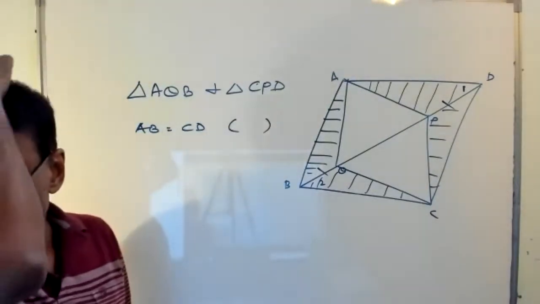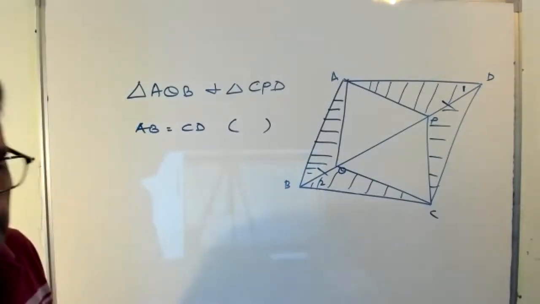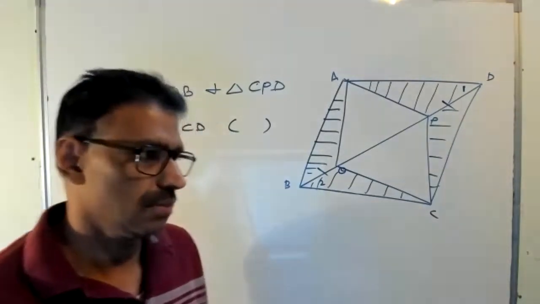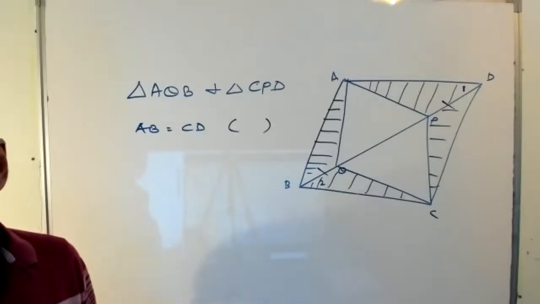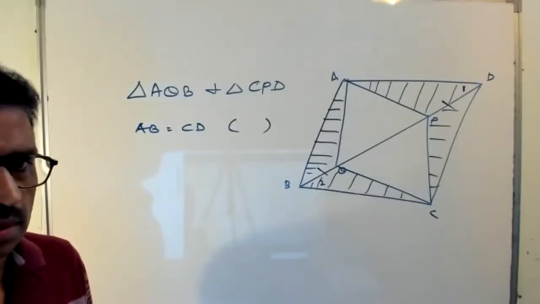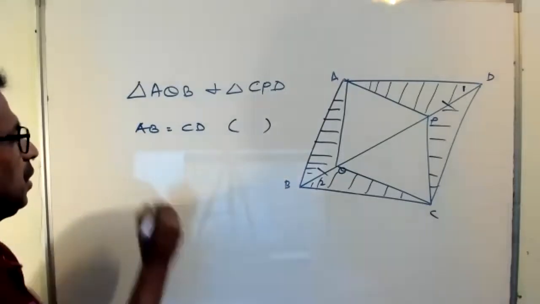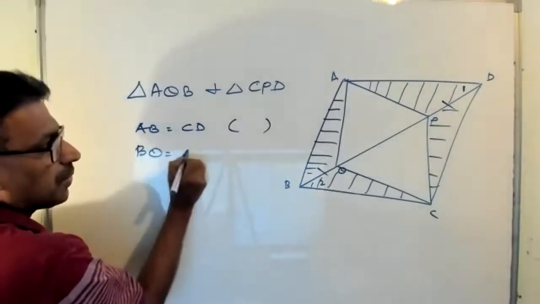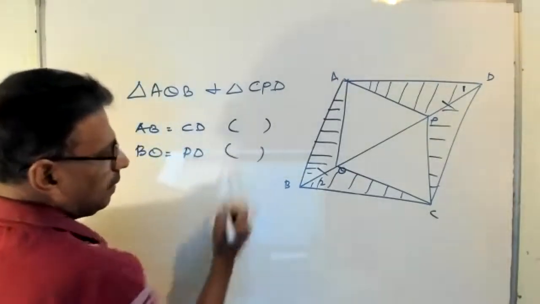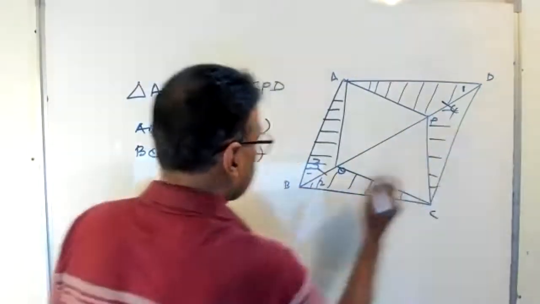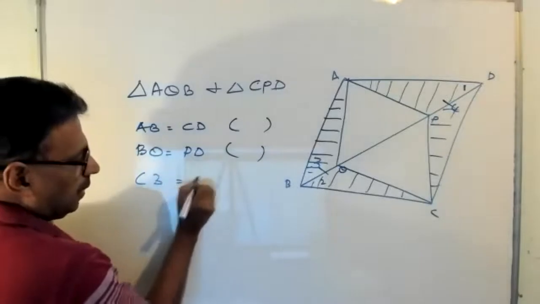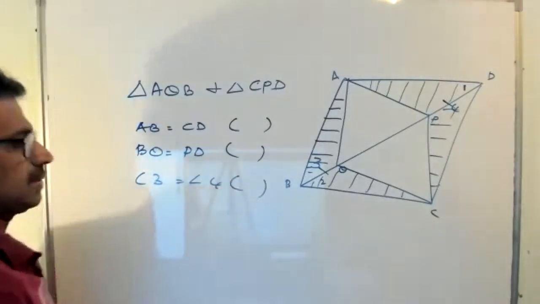Next one, any other side equal? BQ equals to DP. Yeah, BQ equal to PD given. Okay, one more angle. Angle 3 equal to angle 4, alternate angles.